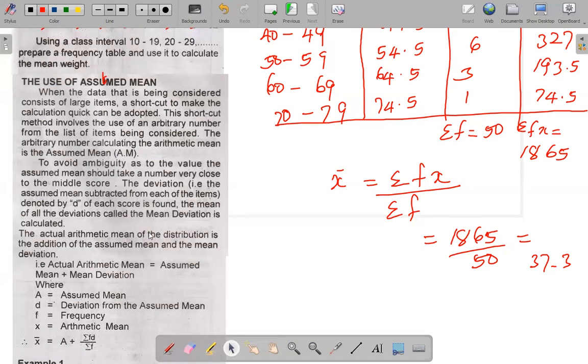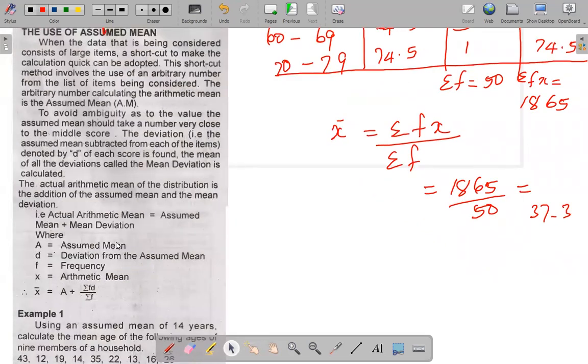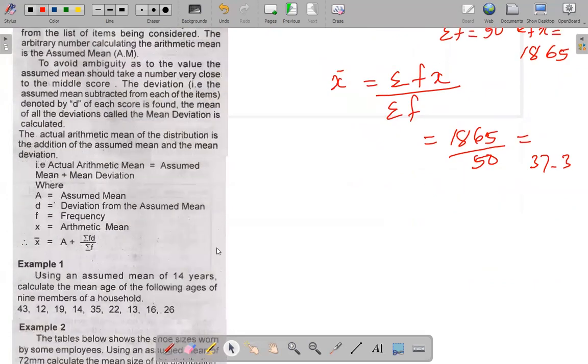The actual arithmetic mean of the distribution is the addition of the assumed mean and the mean deviation, meaning actual arithmetic mean is assumed mean plus mean deviation, where A is assumed mean, D is deviation from the assumed mean, F is frequency, and x bar is arithmetic mean.